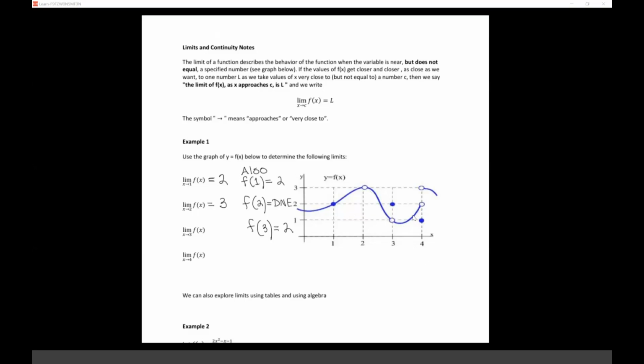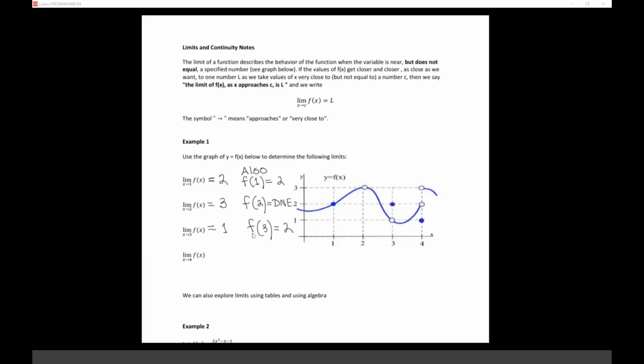If I ride the function from the right side towards x equals 3, I'm also getting closer to y equals 1. So that is the limit value. But you can see the function value at 3 is a different number.